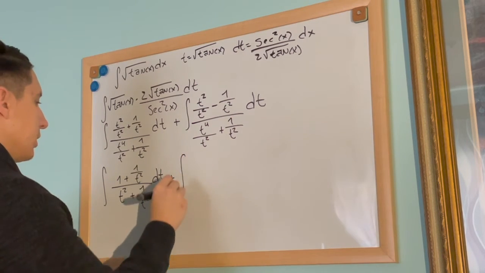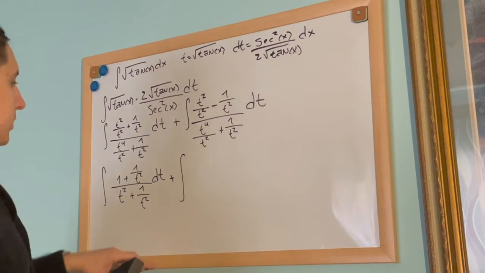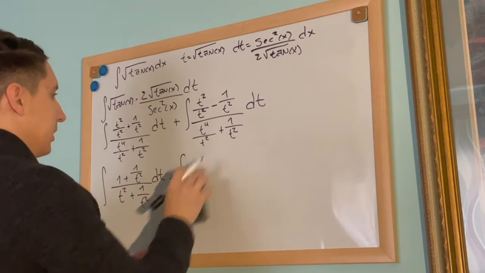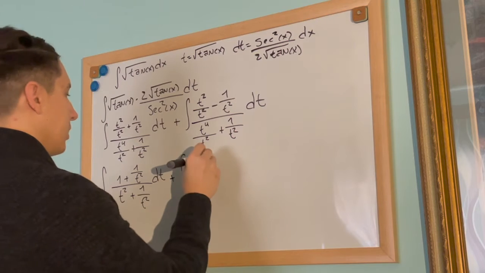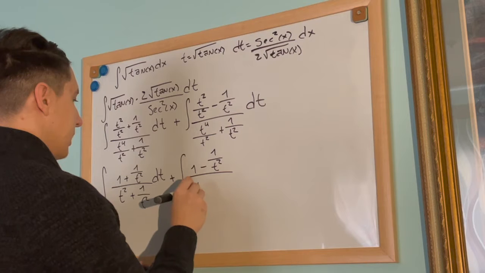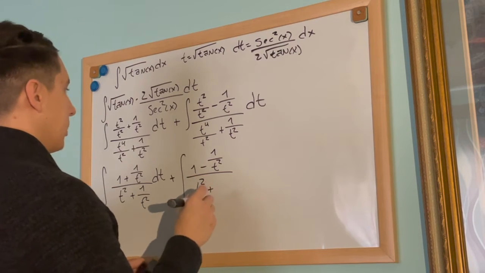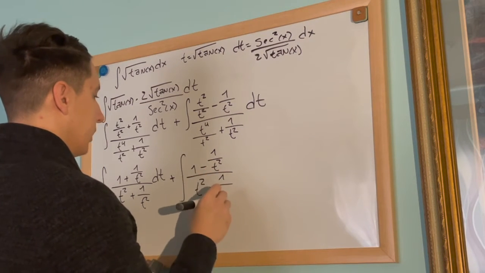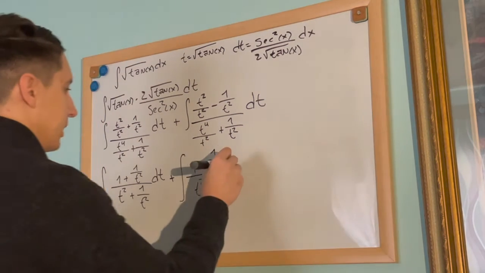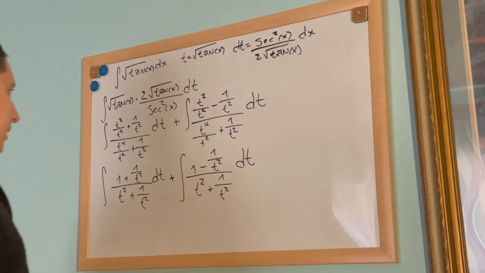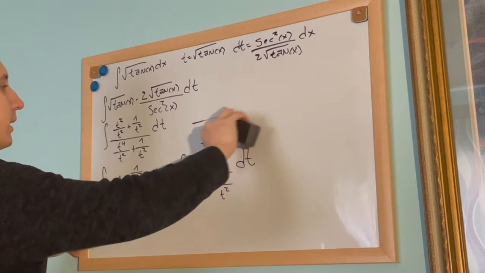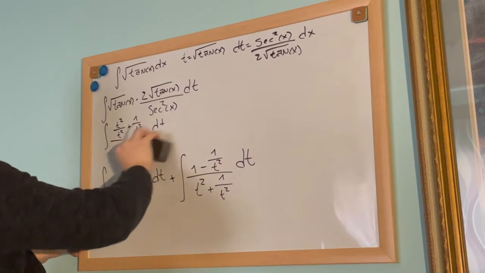It's essentially the same thing; you just have that minus sign right there. So 1 minus 1 over t squared all over t squared plus 1 over t squared, with respect to dt. And again, I'm going to remove this since we have it down there. Y'all can see it.